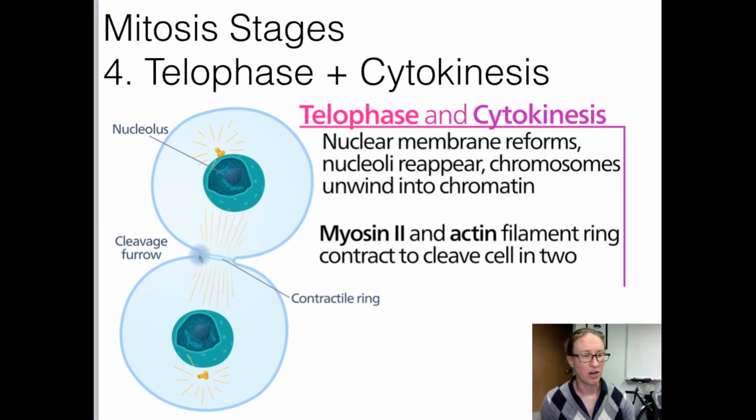A contractile ring forms between those cells. If they're animal cells, that contractile ring will squeeze and create a cleavage furrow, and then you'll wind up with two identical daughter cells. So that's true for animal cells.